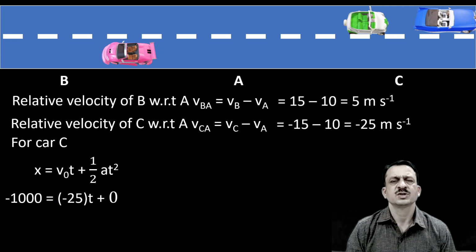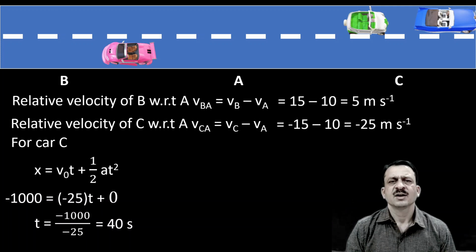Therefore, minus 1000 is equal to its velocity, which is also in the negative x-axis direction, minus 25 into t. Therefore, time taken is minus 1000 divided by minus 25, the minuses get cancelled, and we get plus 40 seconds. The car C has taken 40 seconds.